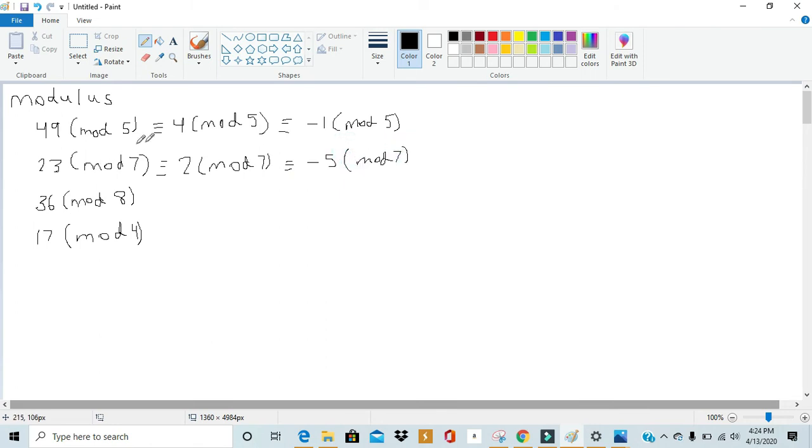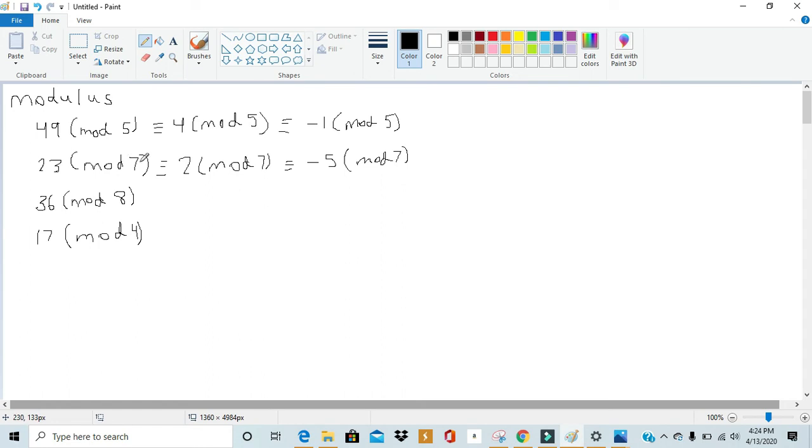Now, there's a cool pattern we can find here, okay? When we find something in terms of positive mod 7 and negative mod 7, if we make this negative positive and add these two up, we're going to get 7. If we negate negative 5 again, we're going to get 5, and 5 plus 2 is 7.